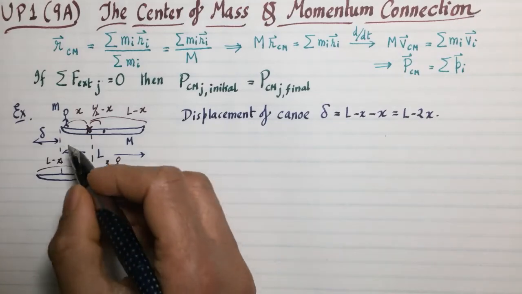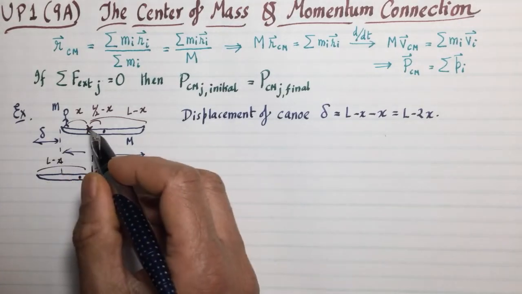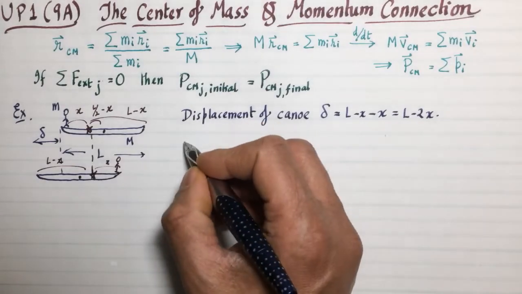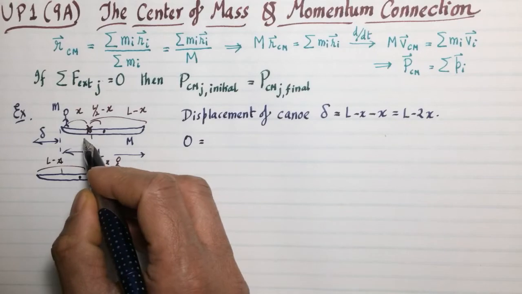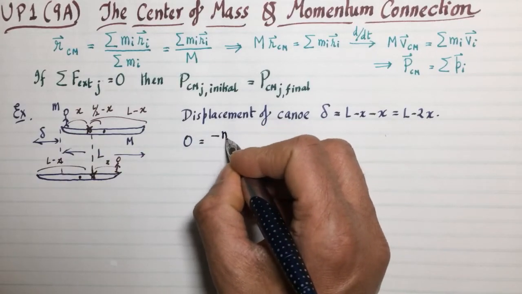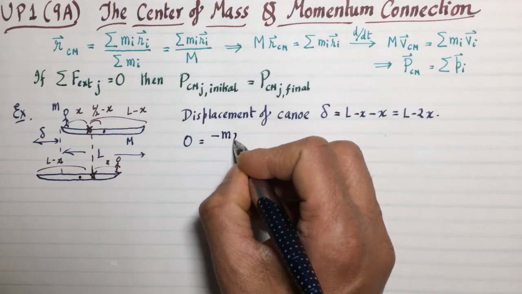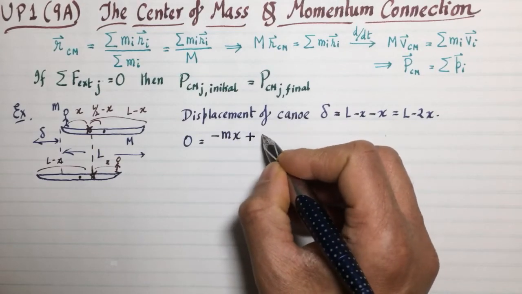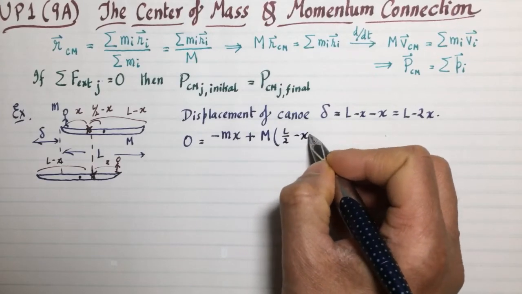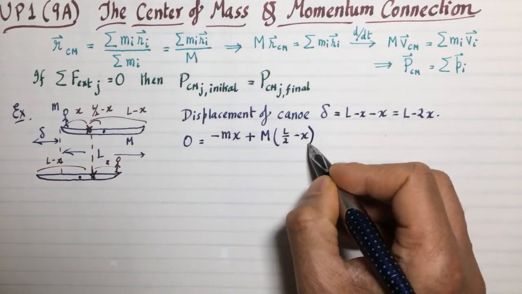Well, x is the location of the center of mass from where the person is standing. Let us use the origin at the point star. So 0, because the center of mass is at the origin, is going to be a negative little m times x plus positive capital M times L over 2 minus x, divided by the total mass.